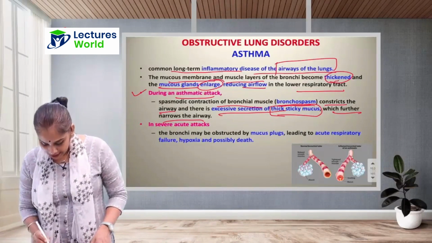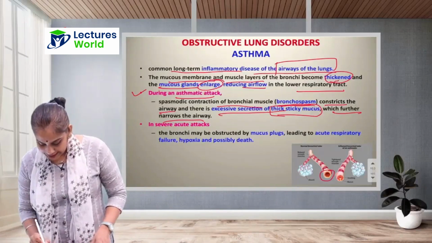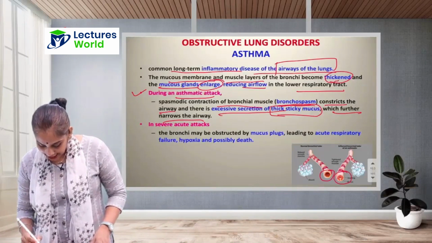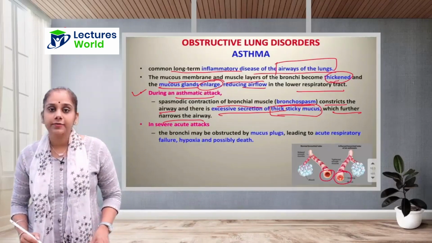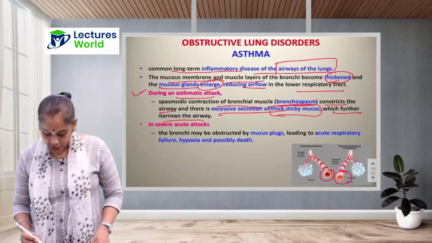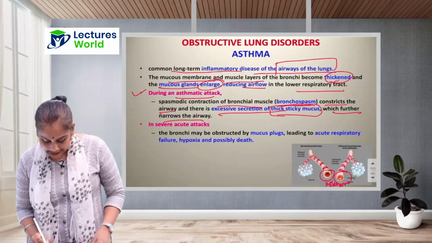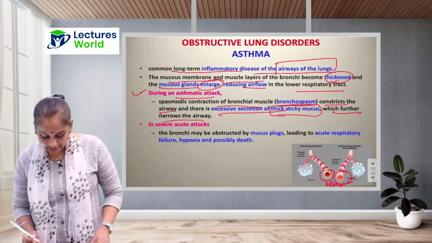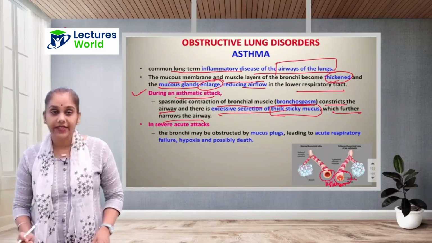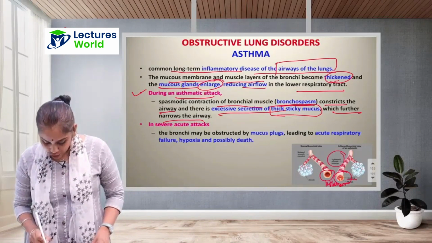See, this is the normal bronchial tube. Okay, and this is the abnormal, or we can say asthmatic patient's bronchial tube. See, here there is an infection or inflammation, or a thickening of the wall or swelling of the wall, with tightened smooth muscle.